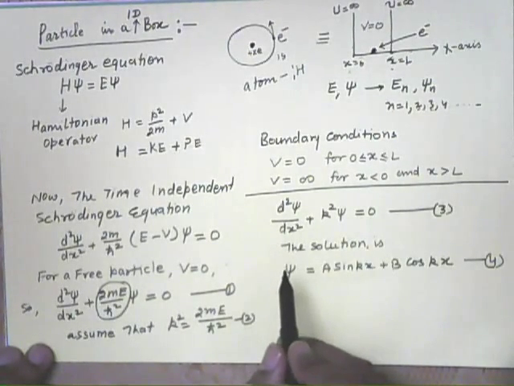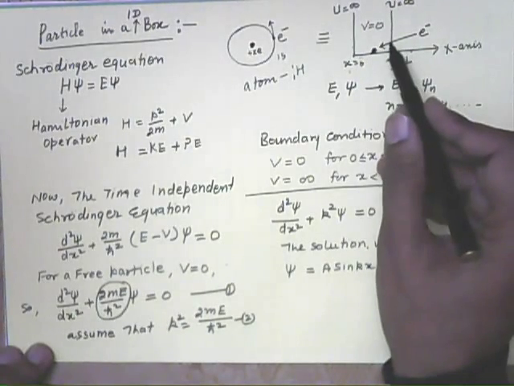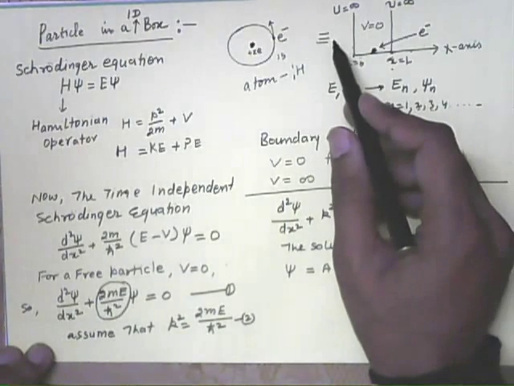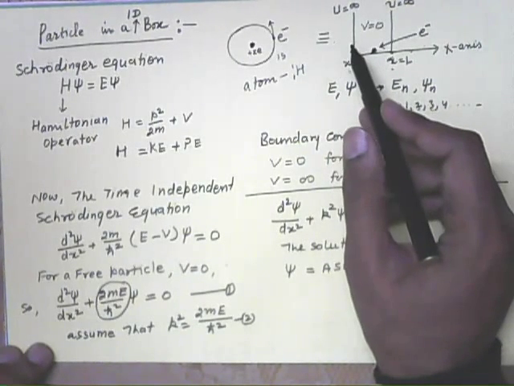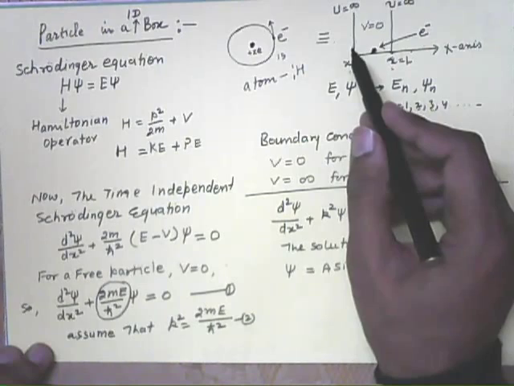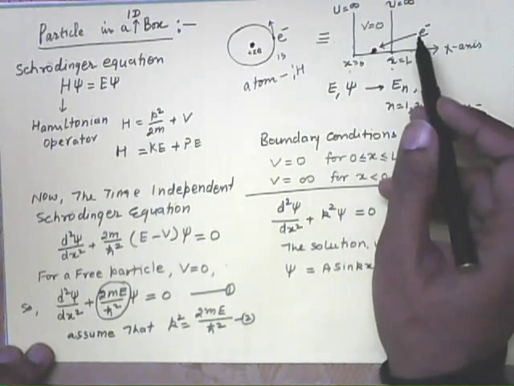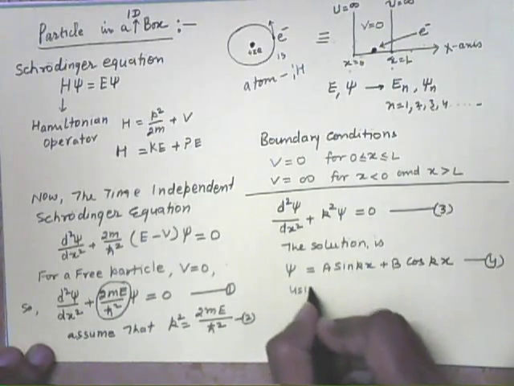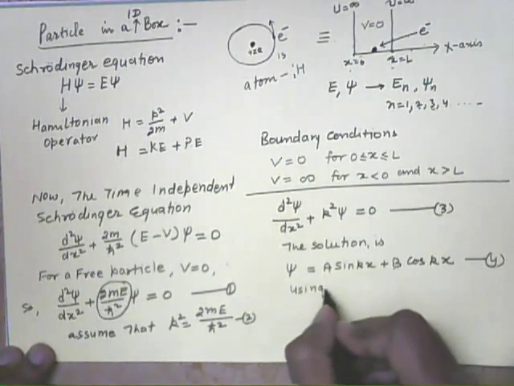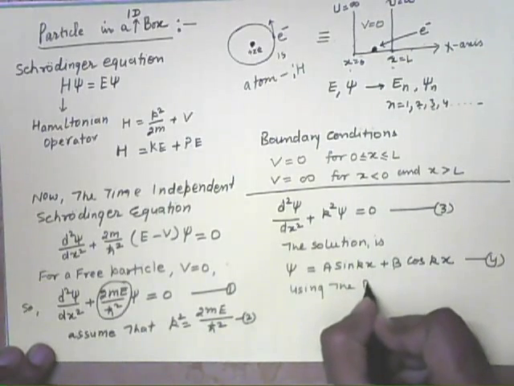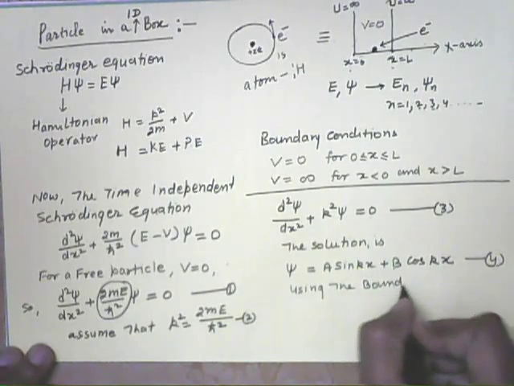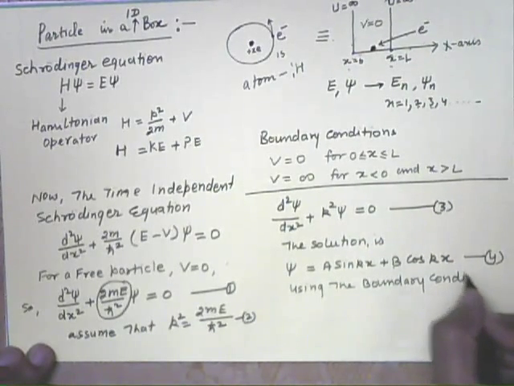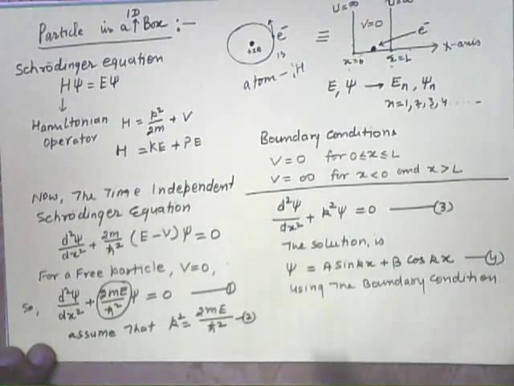Since this particle cannot penetrate the walls and cannot exist outside the box, the probability of finding the particle will be 0 outside the box, and hence we use the boundary conditions. Why are we using these boundary conditions?